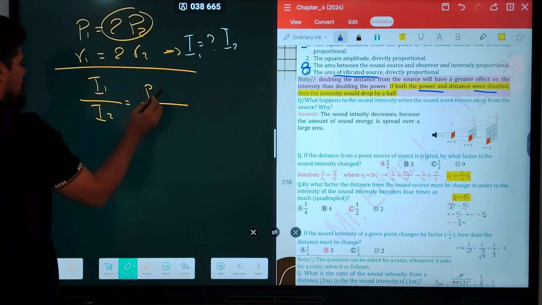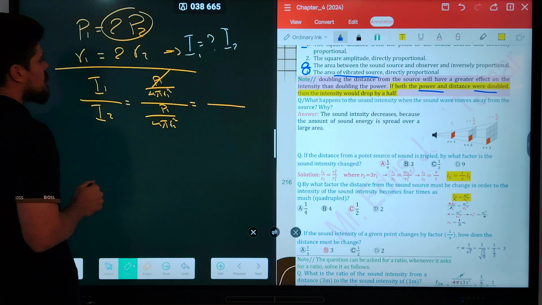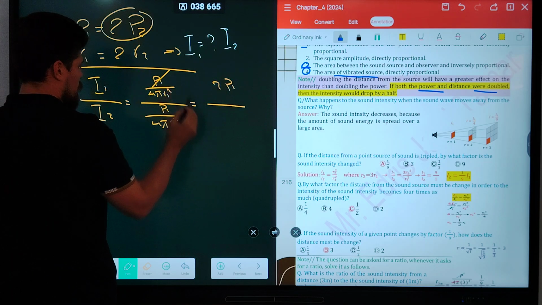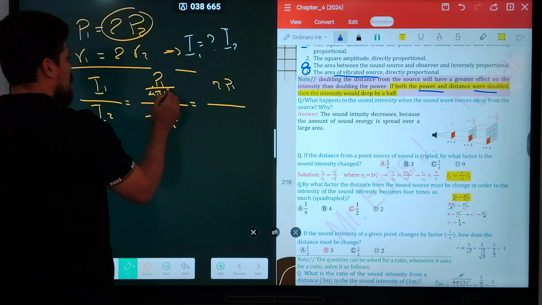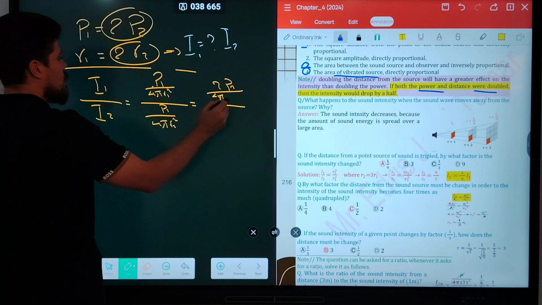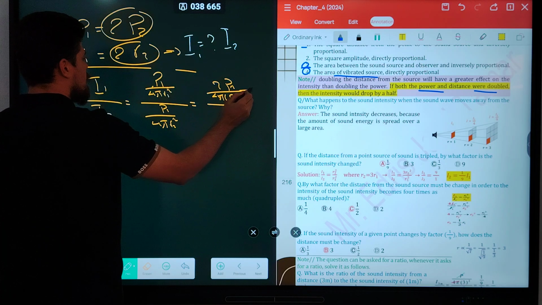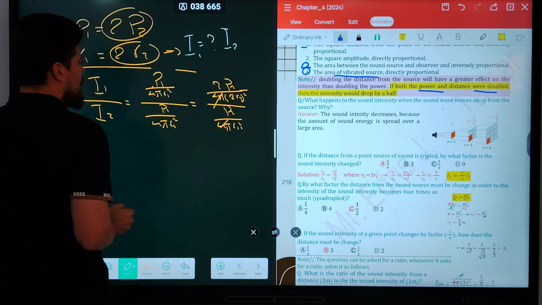I1 is equal to P1 over 4 pi R1 squared. I2 is P2 over 4 pi R2 squared. P1 is equal to 2P2. P1 is equal to what? 2P2 over 4 pi R1 squared, R1 is equal to 2R2, so it is 2P2 over 4 pi times 2R2 squared, over P2 over 4 pi R2 squared. 4 pi with 4 pi cancel.